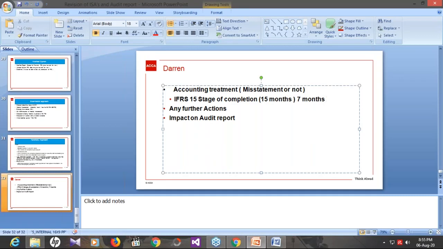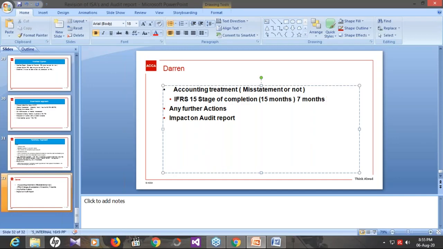So according to IFRS 15, only 7 months of revenue or profit should be recorded, and the remaining profit should be recorded in the coming year. This is the matching concept, and this is the requirement of IFRS 15. When you have studied IFRS 15, you should know that there are two approaches to understand the stage of completion.